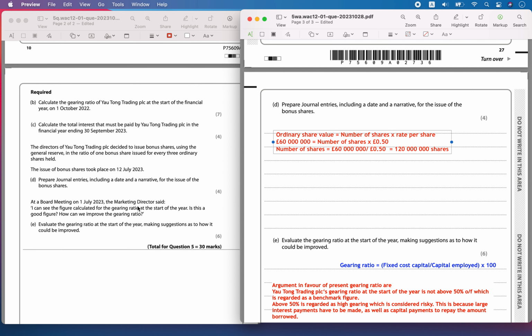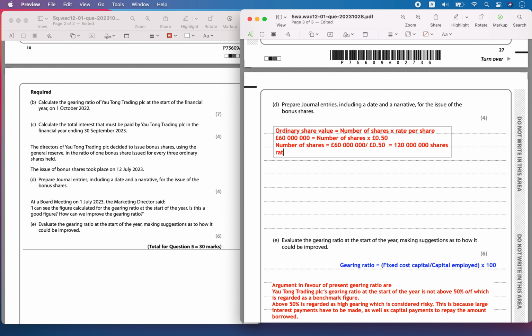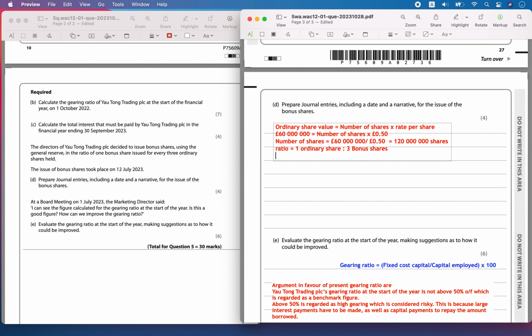Now they are saying they are going to issue bonus shares. For every ordinary share that's held, they will issue bonus shares, and we have to calculate how many bonus shares are going to be issued and what the value is. So the ratio given is 1:3. For every 1 ordinary share somebody is holding, they will get a bonus share.